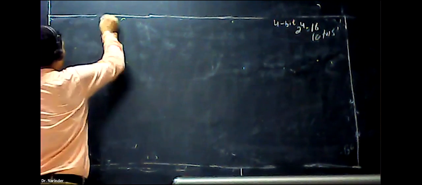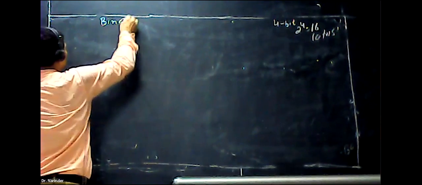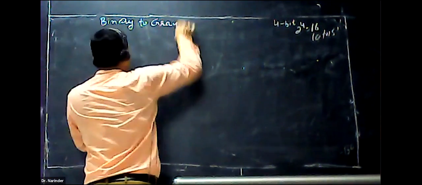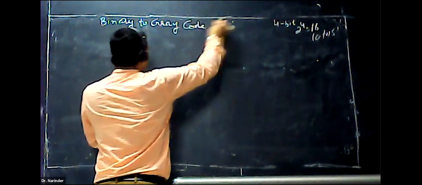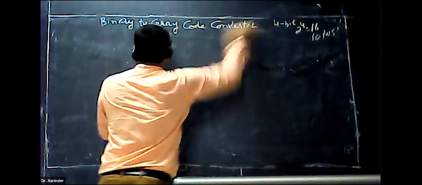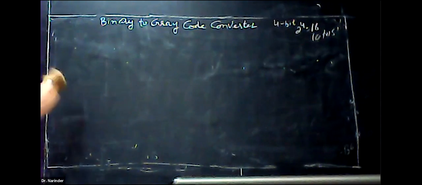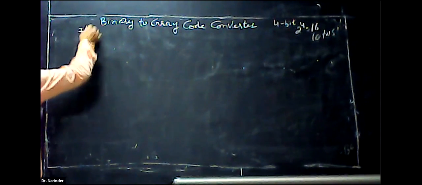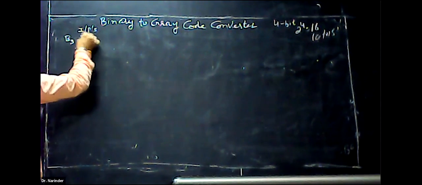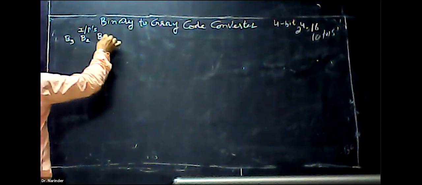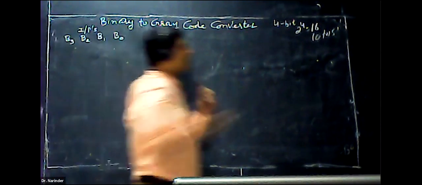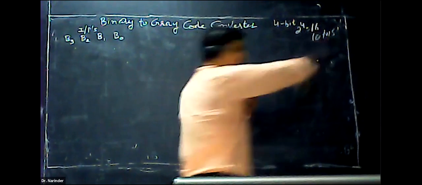Here we are designing a binary to gray code converter. Here inputs are binary: B3, B2, B1, B0. Because 4 inputs are there, 2 raised to power 4 is 16, 0 to 15.